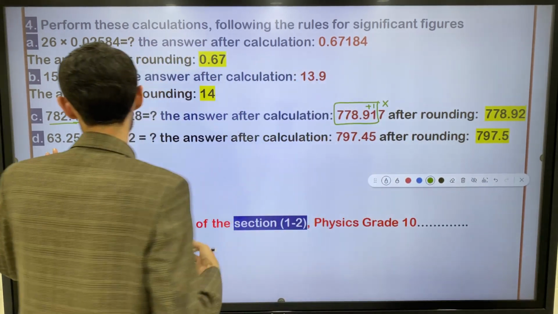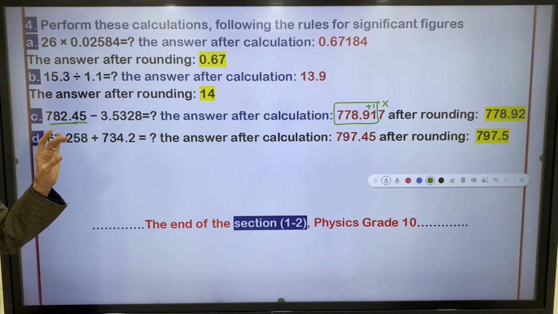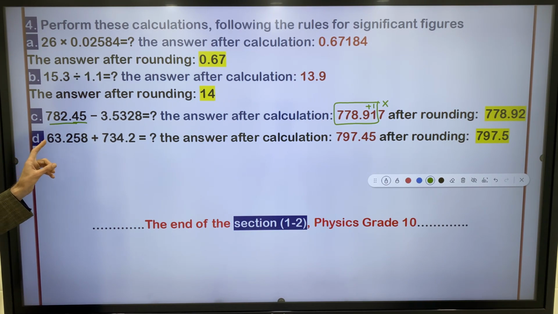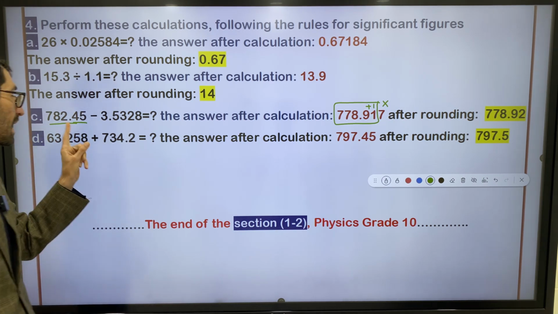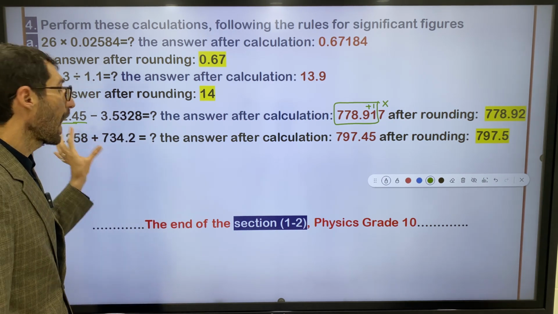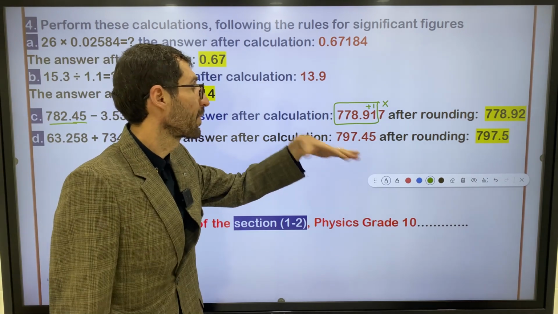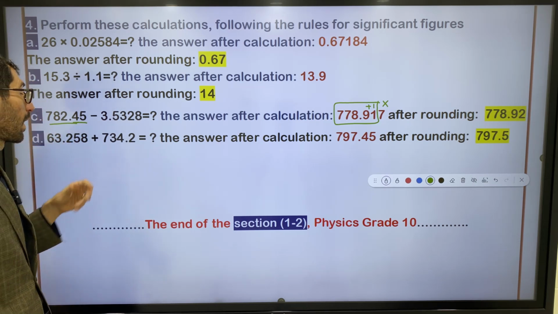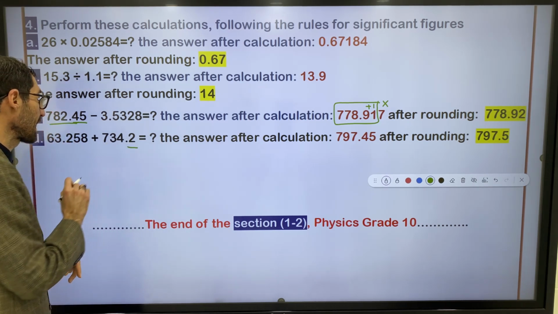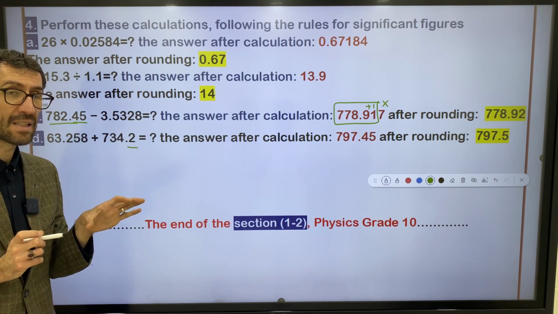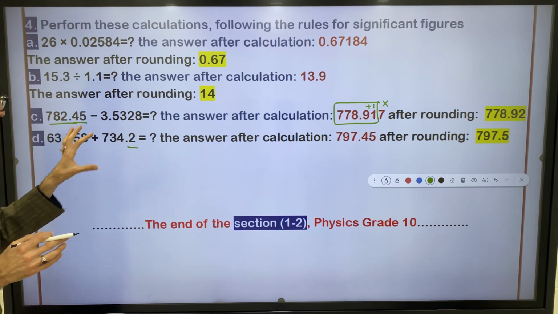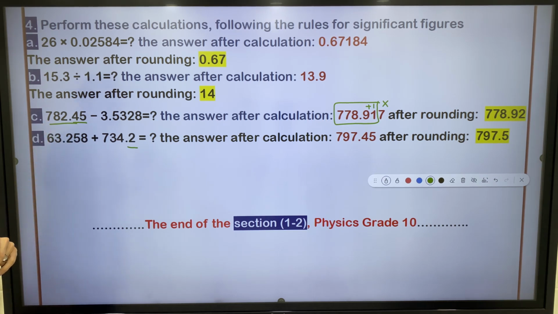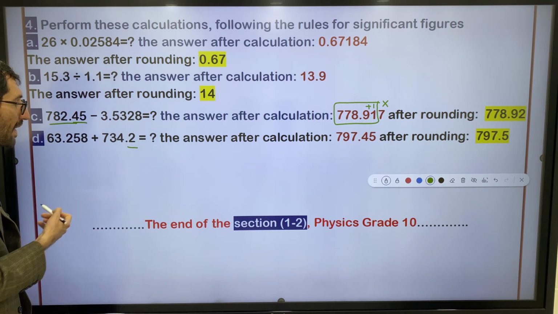About the last example, we have an addition. 63.258 plus 734.2. After calculation, think about it. What's the rule? Think about the rule. Which one has the least decimal places? You have to focus on the number with the least decimal places. In this situation, this one has the least decimal places.